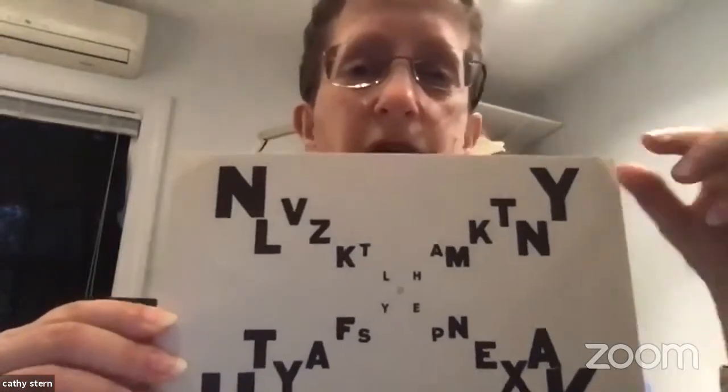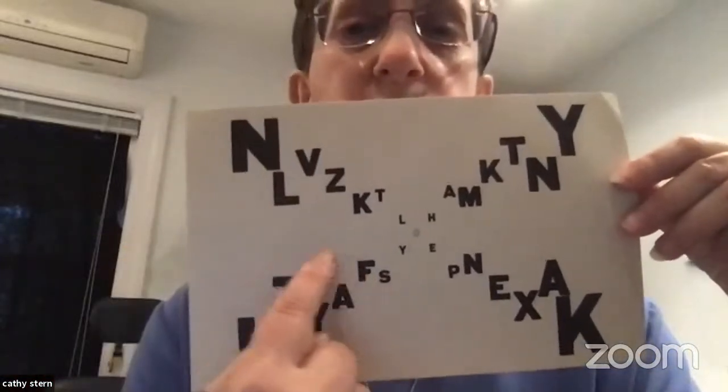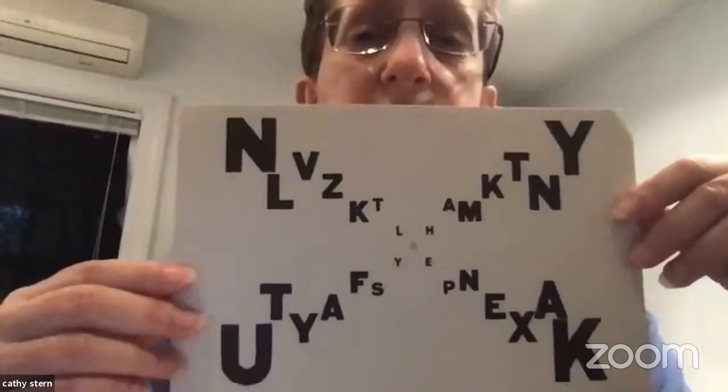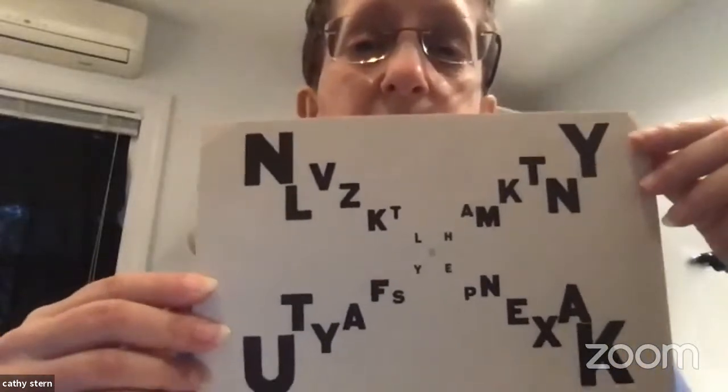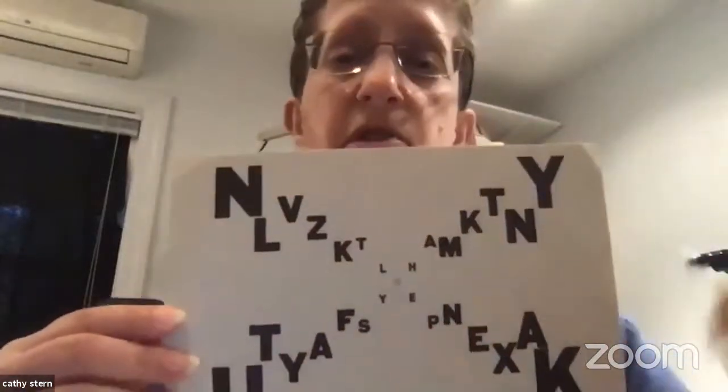Believe it or not, there was an artist who developed something like this a number of years ago. What I do is I ask them to look at the center of the card, and then I ask them to try not to move their eyes and let me know how many of the letters they feel like they can identify. And then I put the yoked prism on, and if they say either it's clearer or they notice much more, then I know it's a good lens to prescribe.